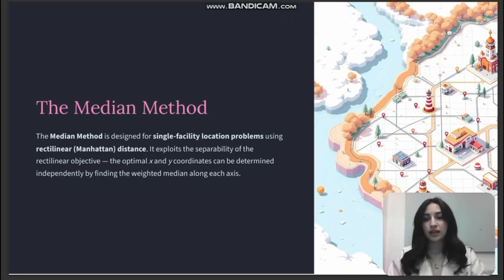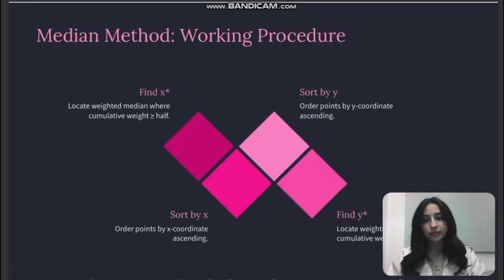The optimal x and y coordinates can be determined independently by finding the weighted median along each axis. As I mentioned, we first sort by x and then find the optimal x, and then do the same for y.